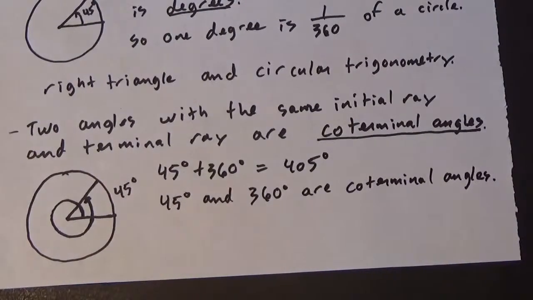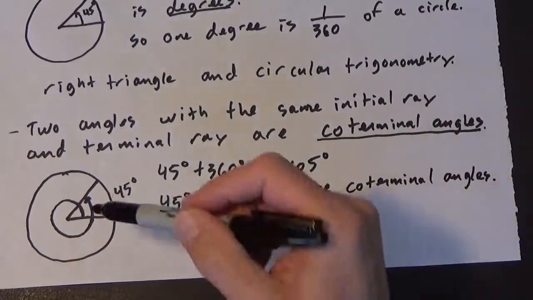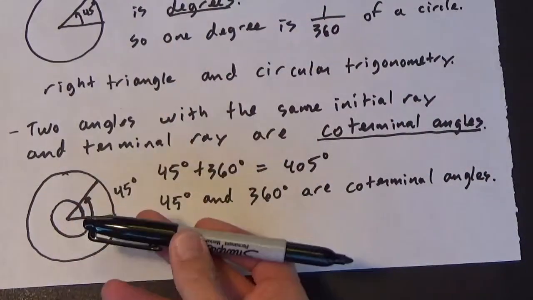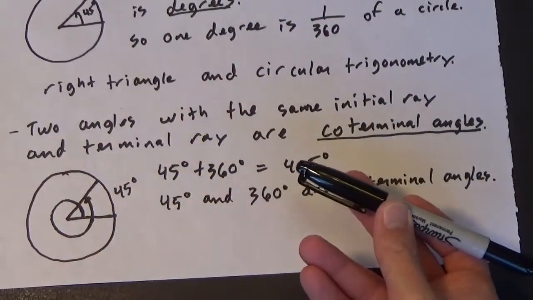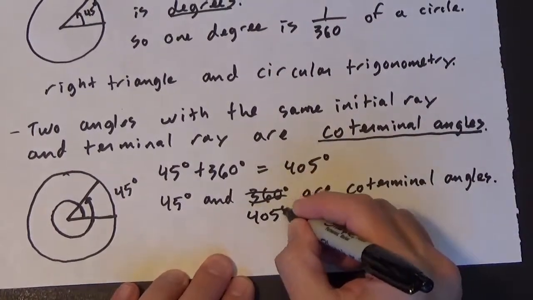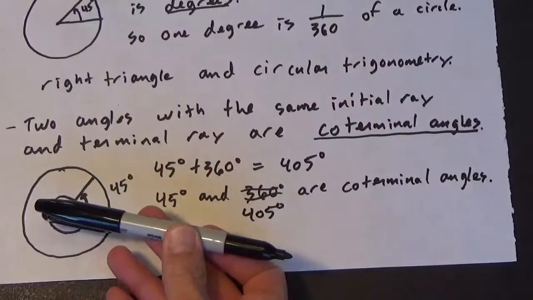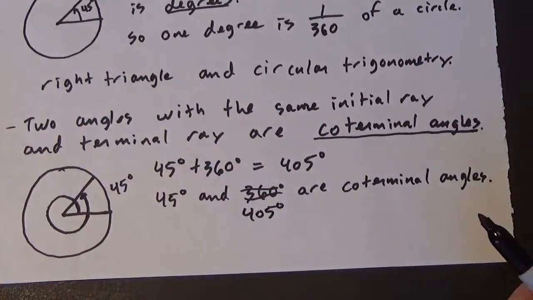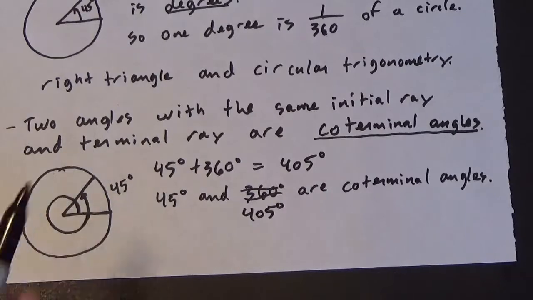Now they're not the same angle, because to go from here to there in 45 degrees is just a little move, whereas going around 405 degrees means you have to spin all the way around and then get to that 45 degrees. So they are different angles, however they are coterminal because when you're done you landed at the same spot.